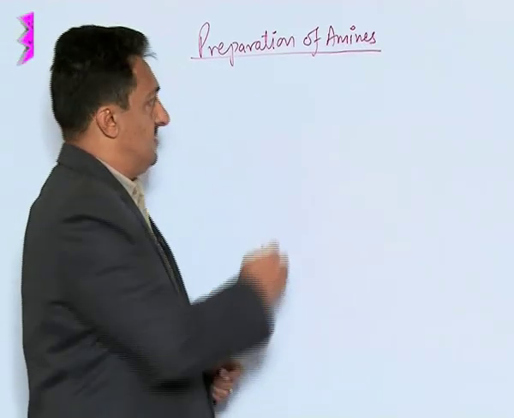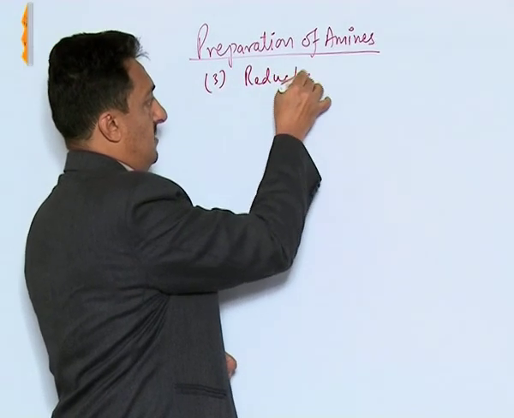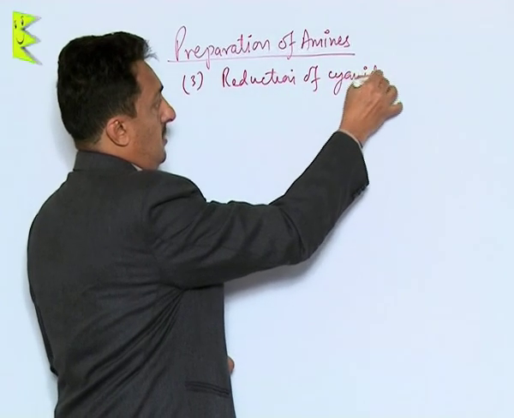The next method to prepare amines is by reduction of cyanides.